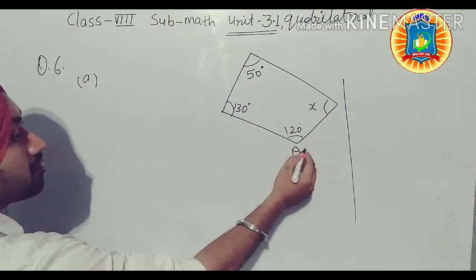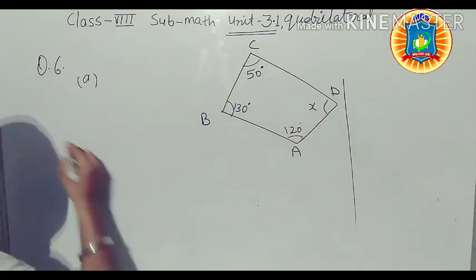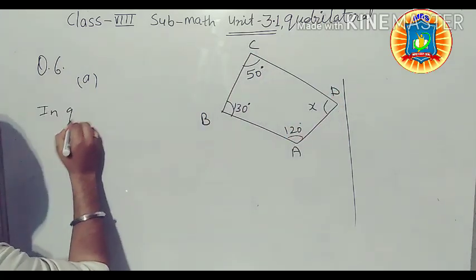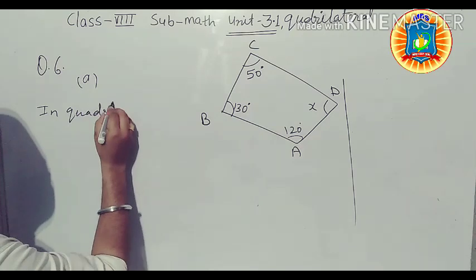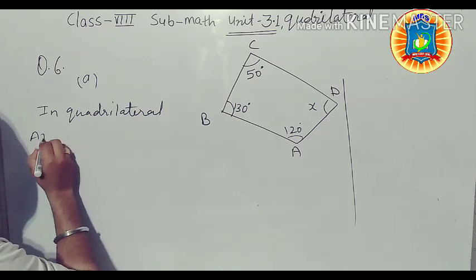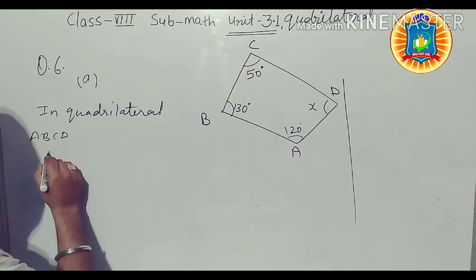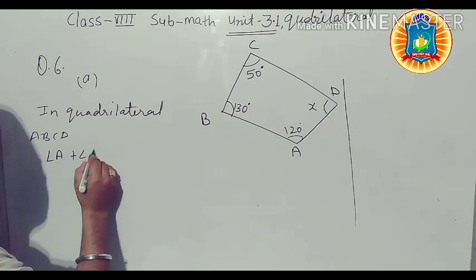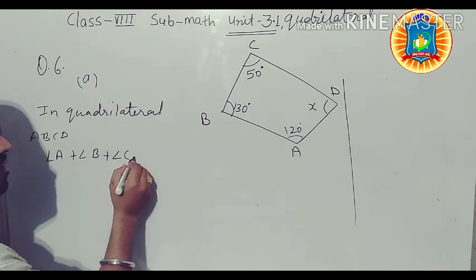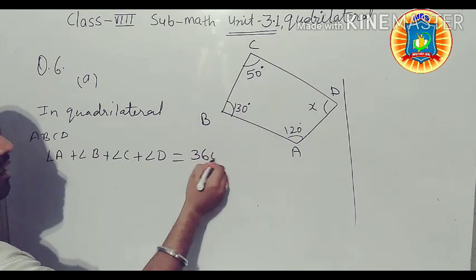First we name the quadrilateral A, B, C and D. So in quadrilateral ABCD, angle A plus angle B plus angle C plus angle D is equal to 360 degree.